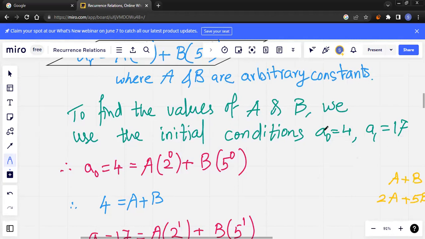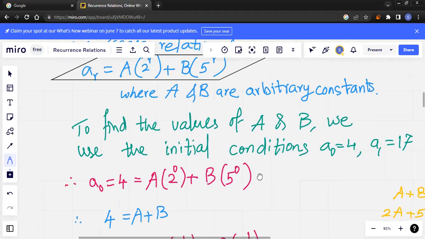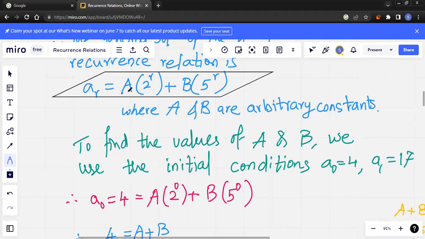What initial condition is given to us? a_0 is 4. Means for r equal to 0, the value of that term becomes 4. So a_0 equal to 4, so we are putting r equal to 0 here. So in this equation you can see A times 2 raised to 0 plus B times 5 raised to 0.